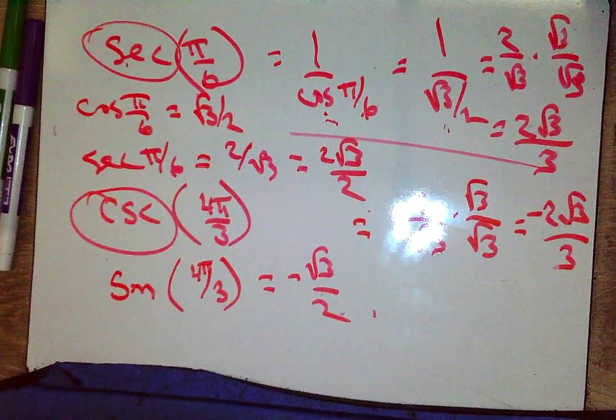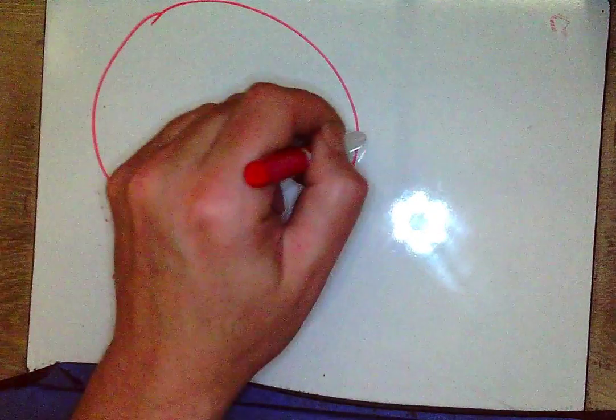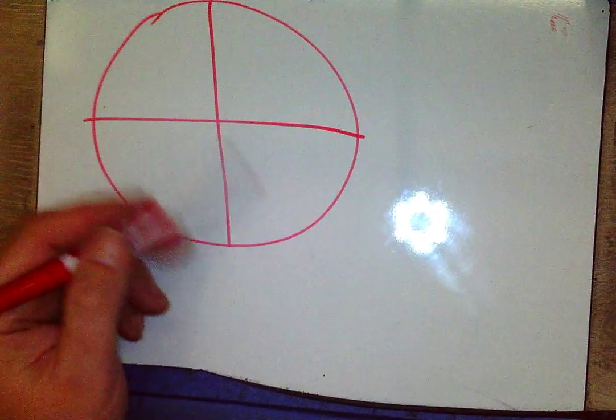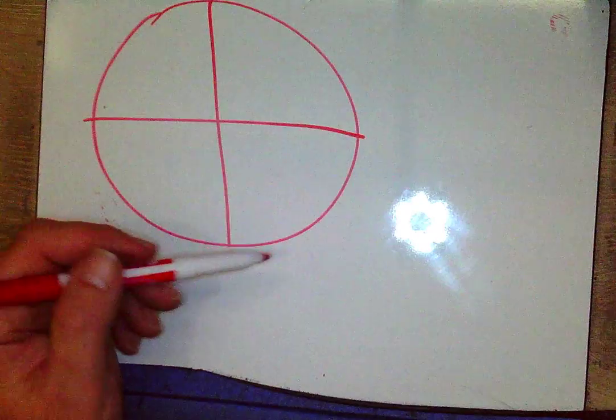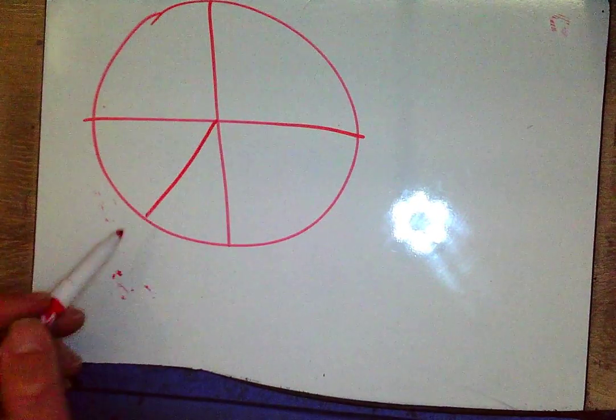All right. Fabulous. Okay. Almost done. This one. So I've got this angle, and it's not one of my normal radians. It comes down here.